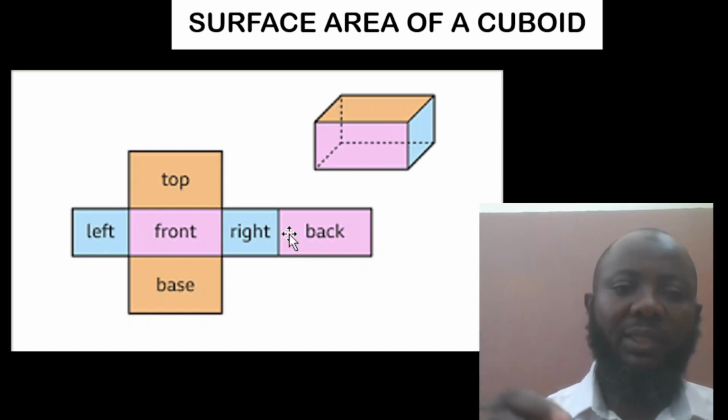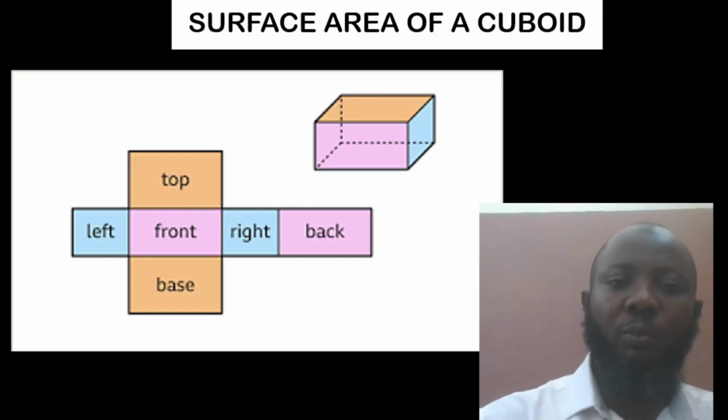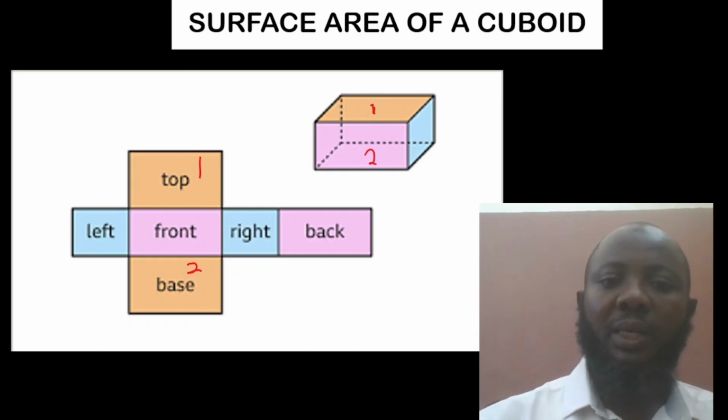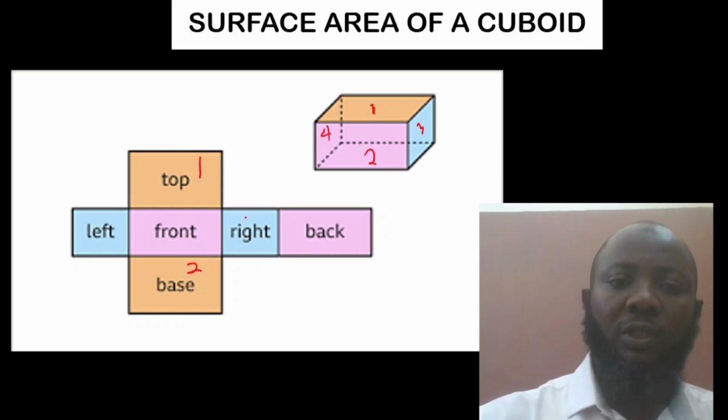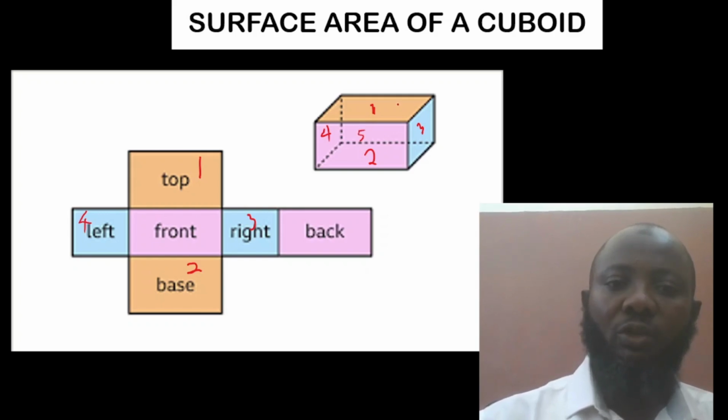You can see we have the top here and the bottom here. Then the right here, which is 3, is also equal to 4 here. So this is 3, this is 4. Then the front here will be 5, and the back is also 5, this is 6.